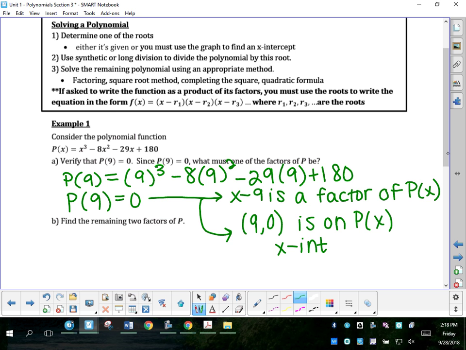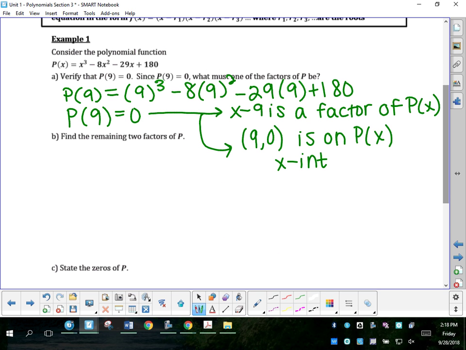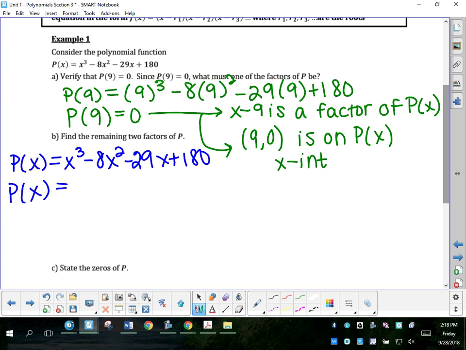All right. Next one up, you've got to find the 2 remaining factors of it. We'll start right out with the original. You've got x cubed minus 8x squared minus 29x, and then plus 180. What is one factor of p of x? You've already stated it wants the remaining 2. How about we start off with just one?